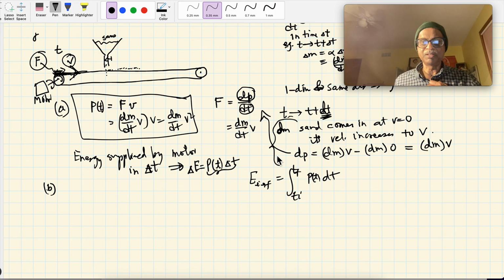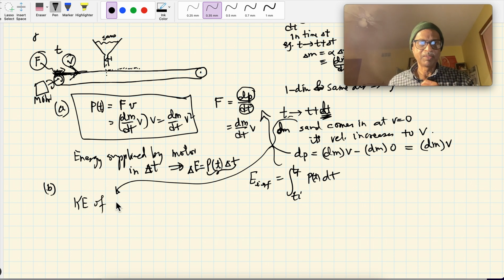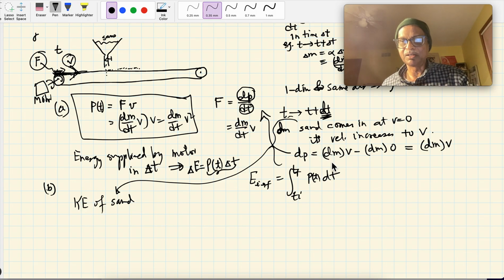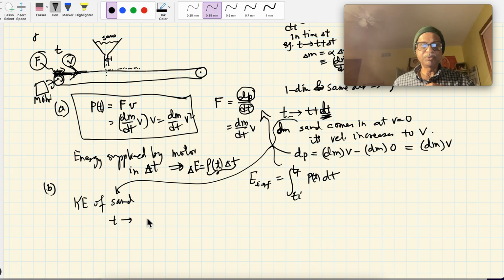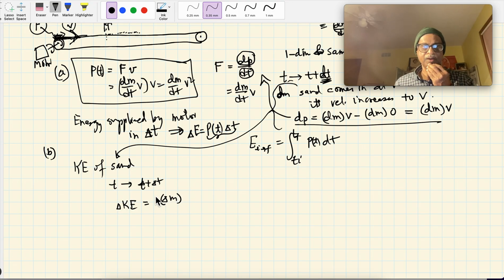Over here we looked at the momentum. So now looking at the kinetic energy of the sand, at t to t plus delta t amount of time, what's going to happen in this time? So delta KE, just like this guy, will be half delta m v squared minus half delta m times 0.